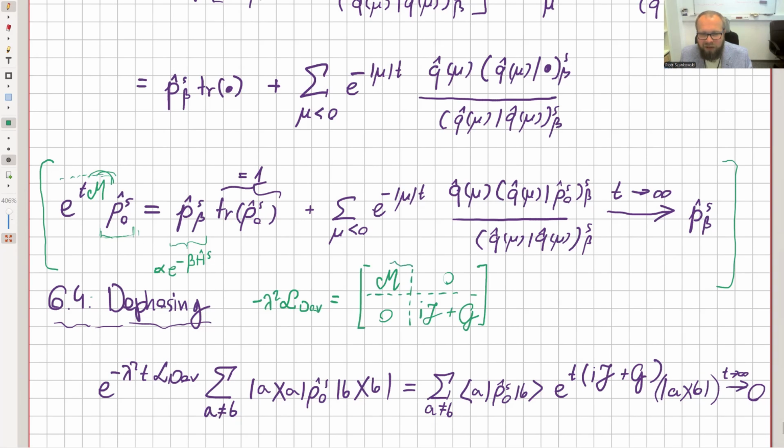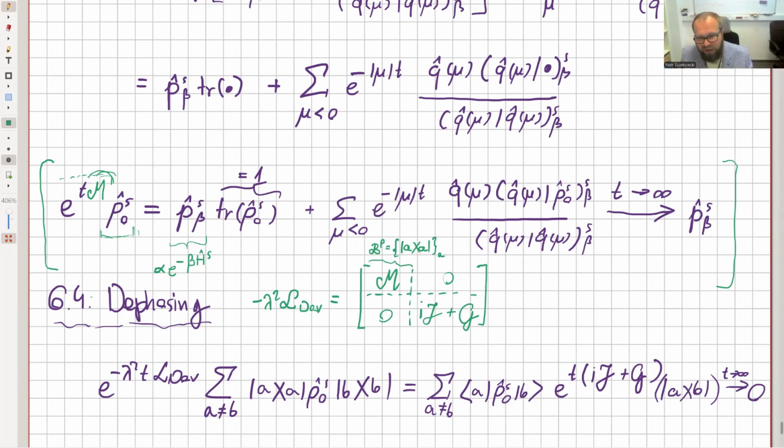And those blocks, this one is spanned by projectors. So I call this BP. So this is basically a subspace spanned by basis operators of this form. So these are projectors onto eigenstates of the system Hamiltonian, okay, projectors.